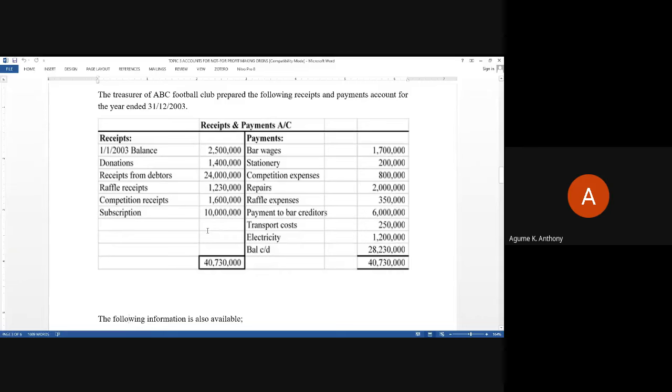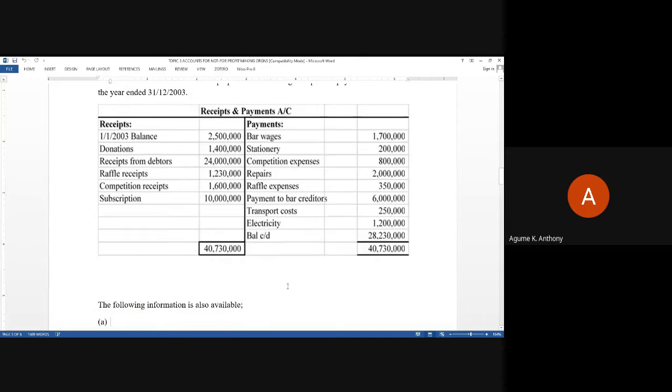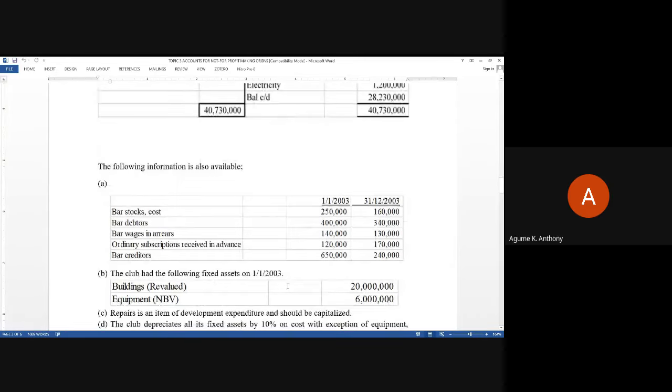So you have receipts and payments. These are the receipts and these are the payments. So they're saying that the following information is available. We have bar stocks, bar debtors, bar wages in arrears, ordinary subscription received in advance, then you have bar creditors.